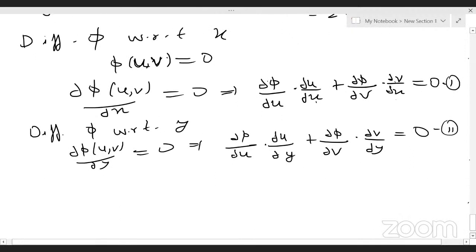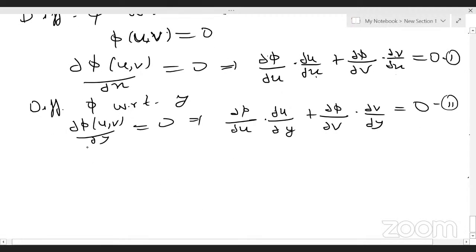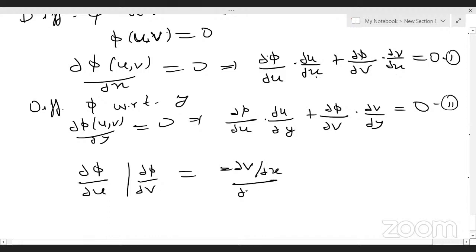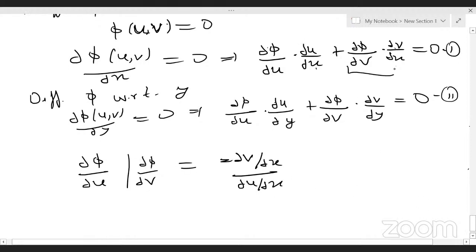From equation 1, you can see that del phi by del u divided by del phi upon del v is equal to minus del v by del x upon del u upon del x. All I did is take this part to the right hand side, with all the phi terms on the left hand side and all the non-phi terms on the right hand side.